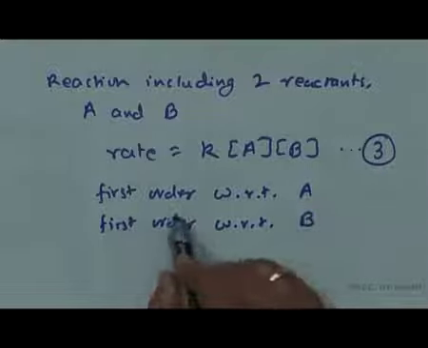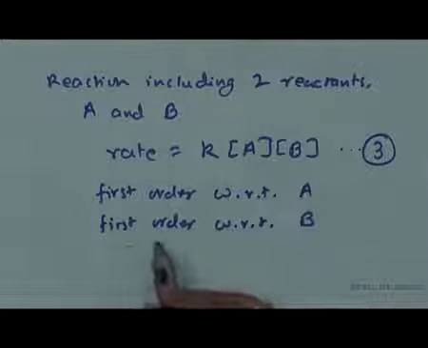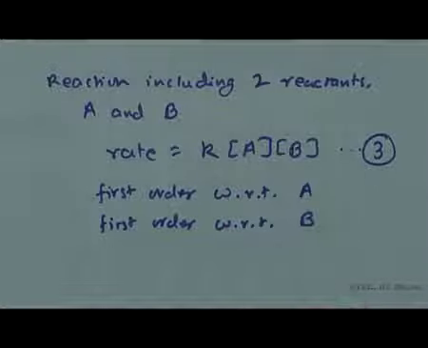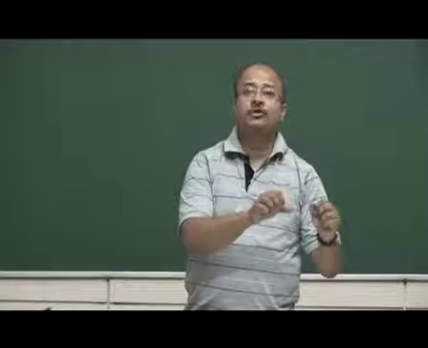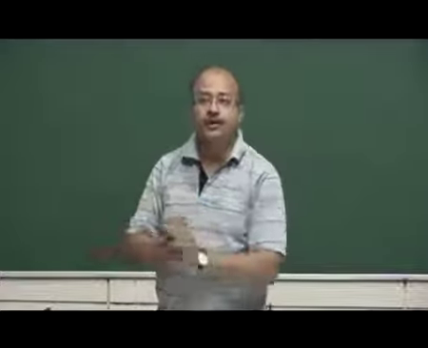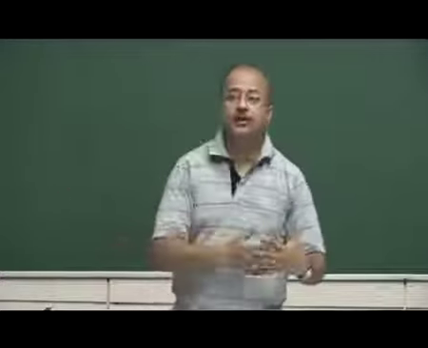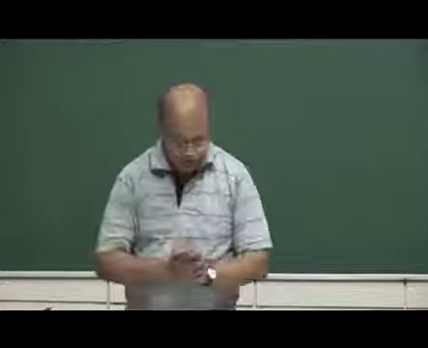Hence, I say that it is first order with respect to A and the rate is first order with respect to B. So, if you take A, then how the rate will vary? It will vary as being first order with respect to A. If you take B, then how will the rate vary? The rate will vary as first order with respect to the concentration of B.